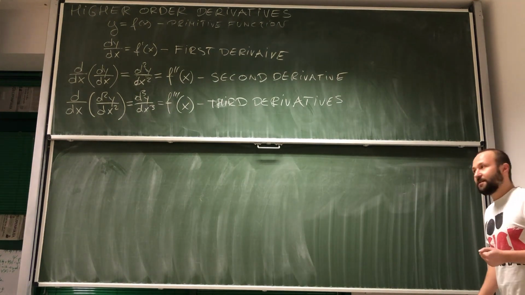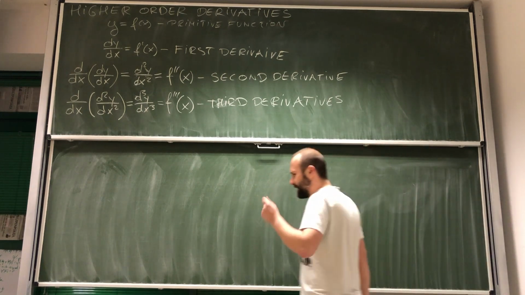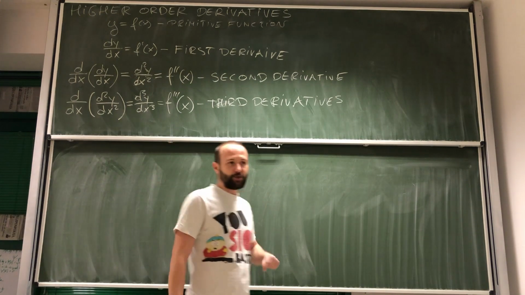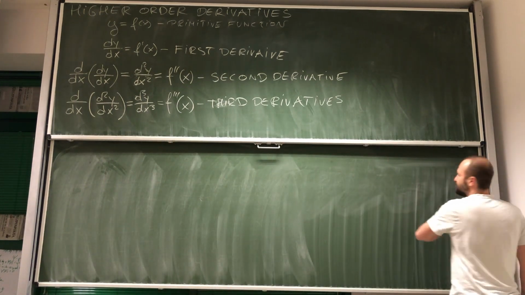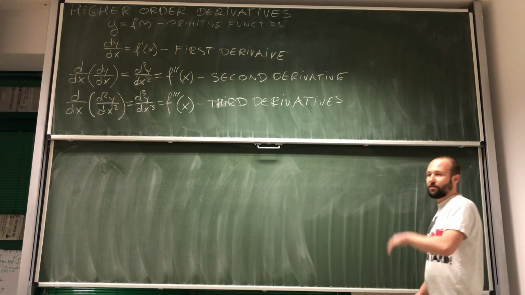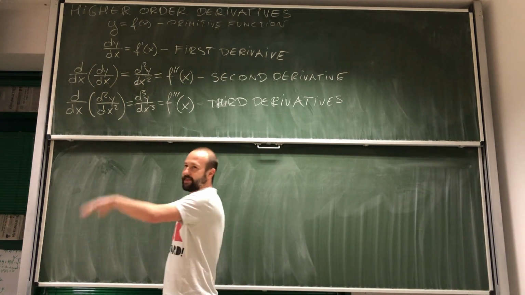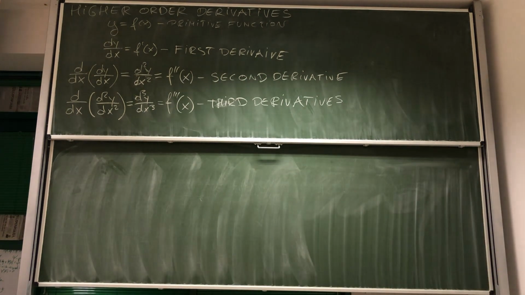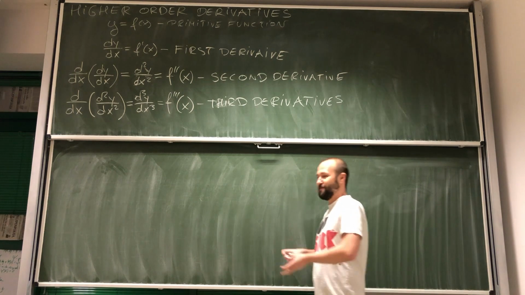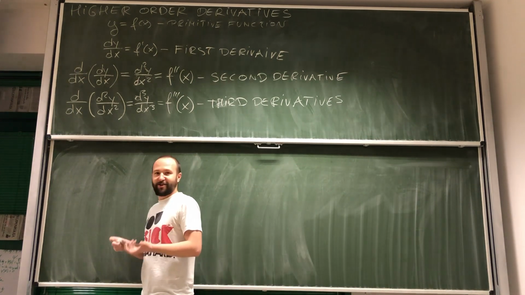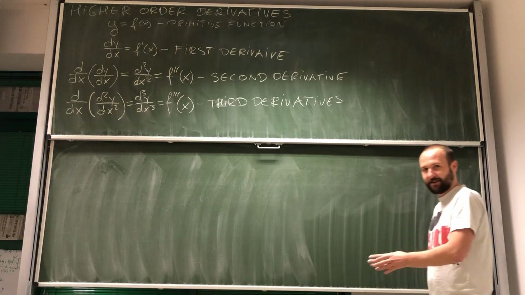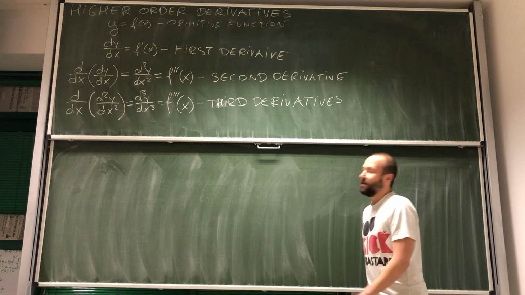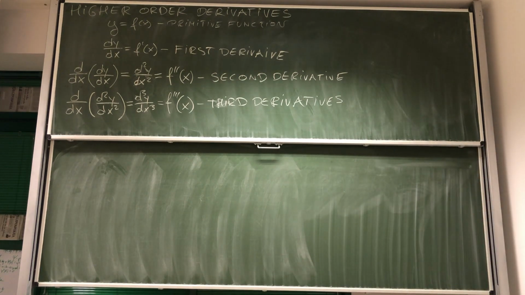And the case that we're not going to discuss right now, but we will in the future, are derivatives of trigonometric functions, which actually turn: from sine you get cosine, from cosine you get negative sine, and from negative sine you're going to get negative cosine. From negative cosine, you're going to get sine, and this pattern is going to repeat indefinitely. But we're going to go back to it a little bit later.